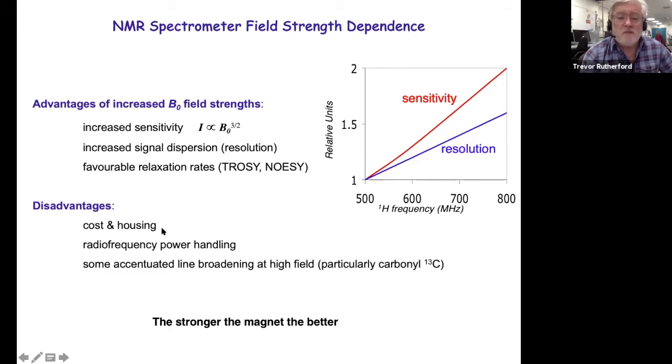For every 100 megahertz in frequency that you go up, it doubles the cost of the spectrometer. You also have to find separate buildings to house these things in, because the stray magnetic fields become too anti-social to house in areas with other scientific equipment. The basic take-home message, though, is the stronger the magnet, the better.